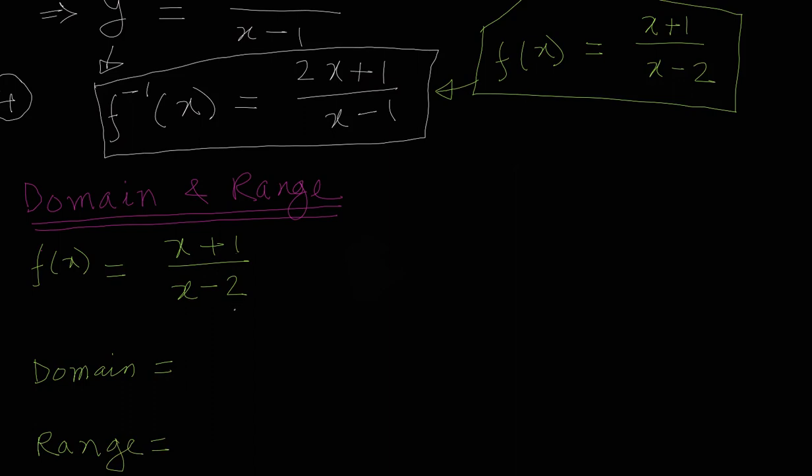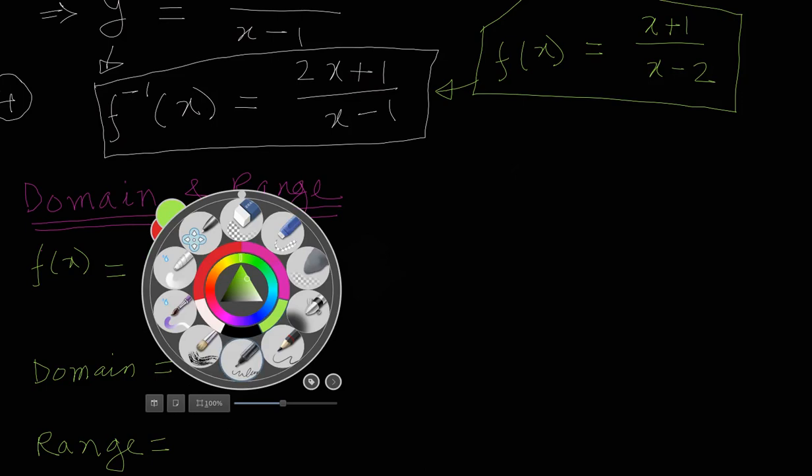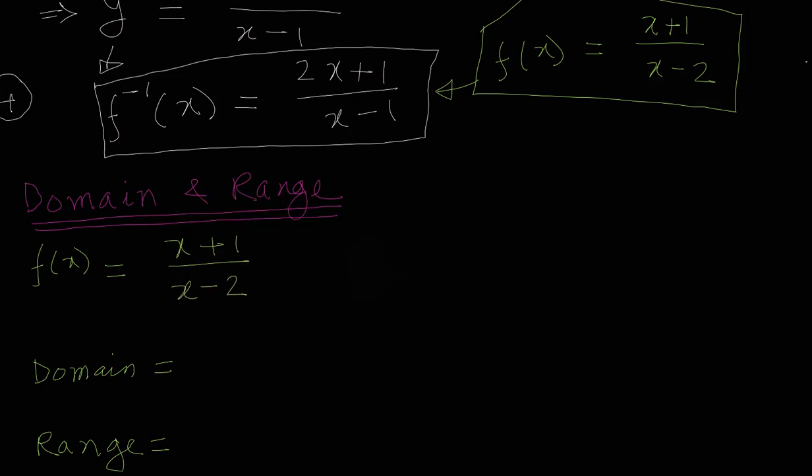Now to make our life easy, let's look for the domain of this function. We know that the denominator of this function cannot be 0. That means x cannot be equal to 2.